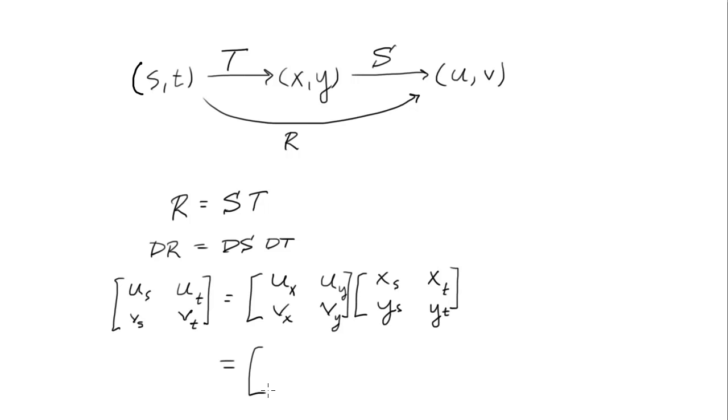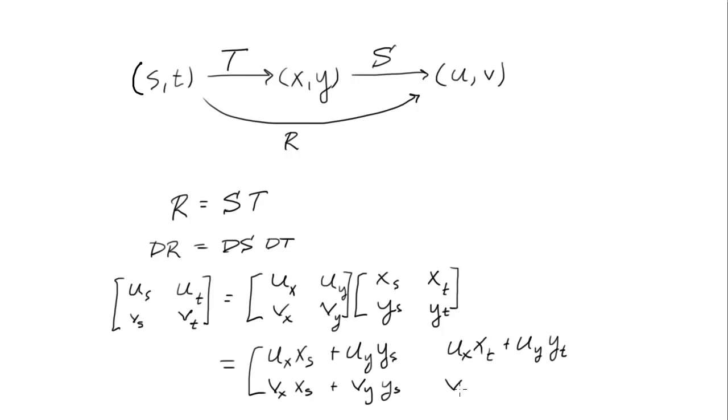At every point in the domain, it's a different matrix, of course. Doing the matrix multiplication, every component is our chain rule. So this is how differentiation of transformations works.